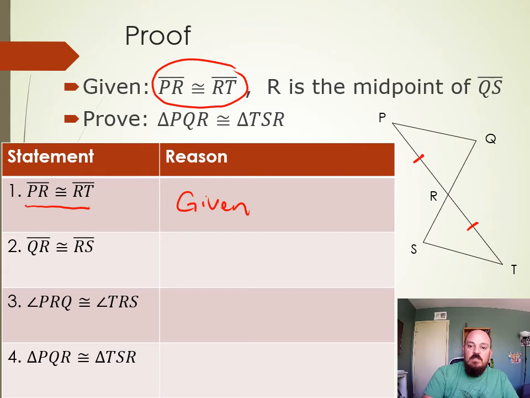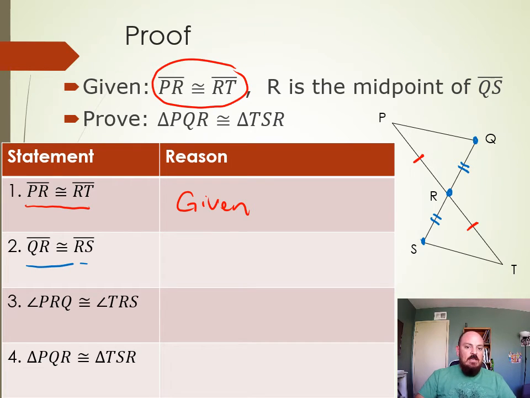So Q is here, S is here, R is the midpoint. That means that QR here is congruent to RS here. And that's our next statement: QR is congruent to RS.